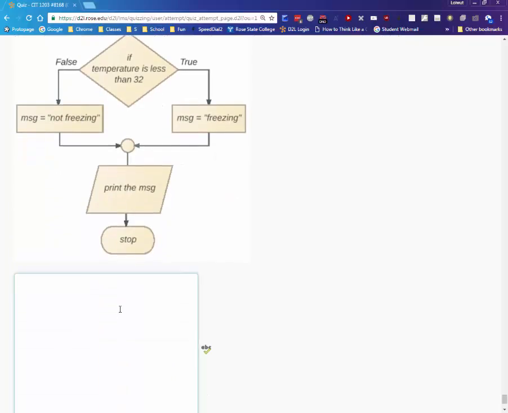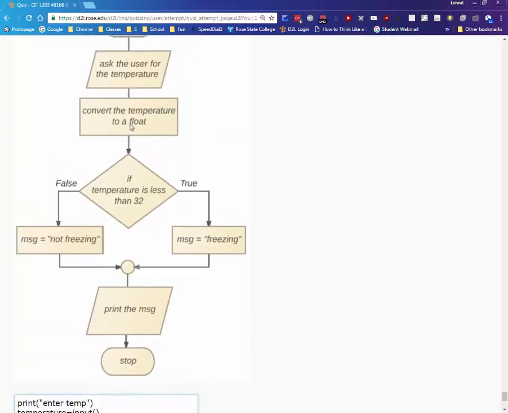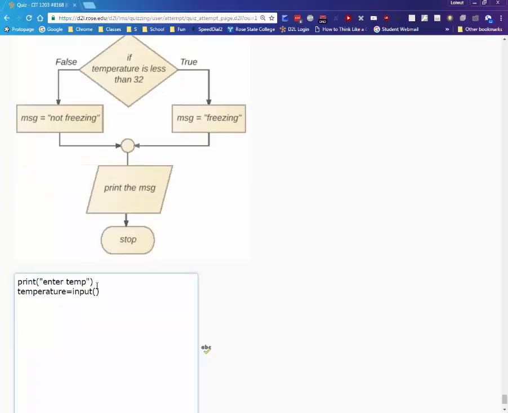But the majority of people just did this: print a message, enter temp, get that temperature. Temperature is equal to input. A lot of people forgot to convert that to a float. If you did that, I knocked a few points off.